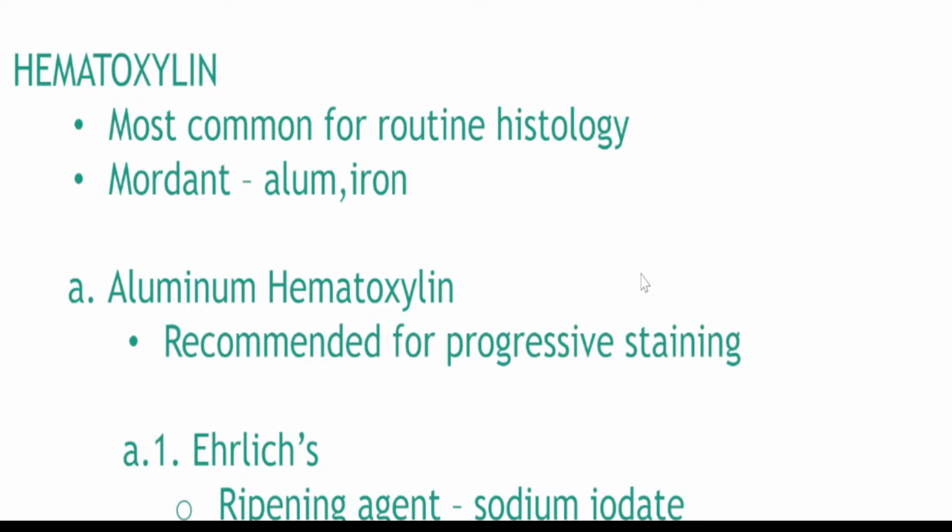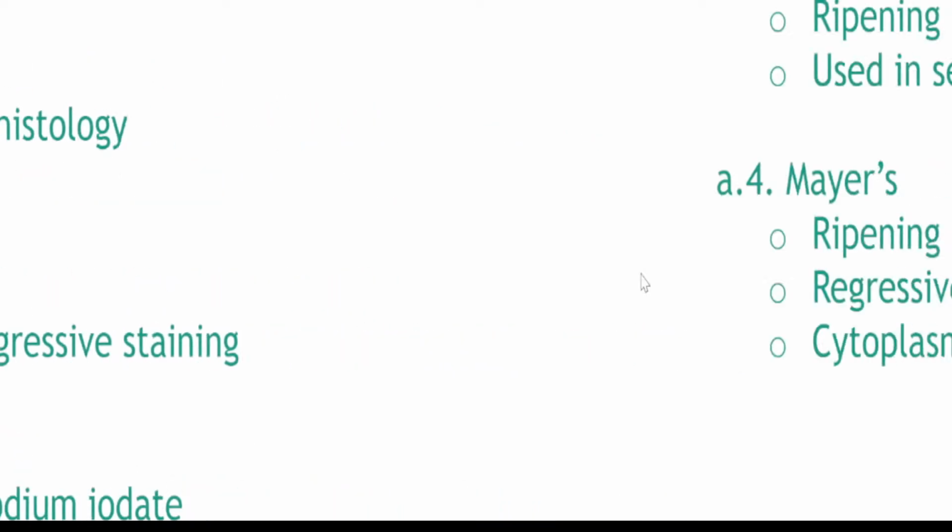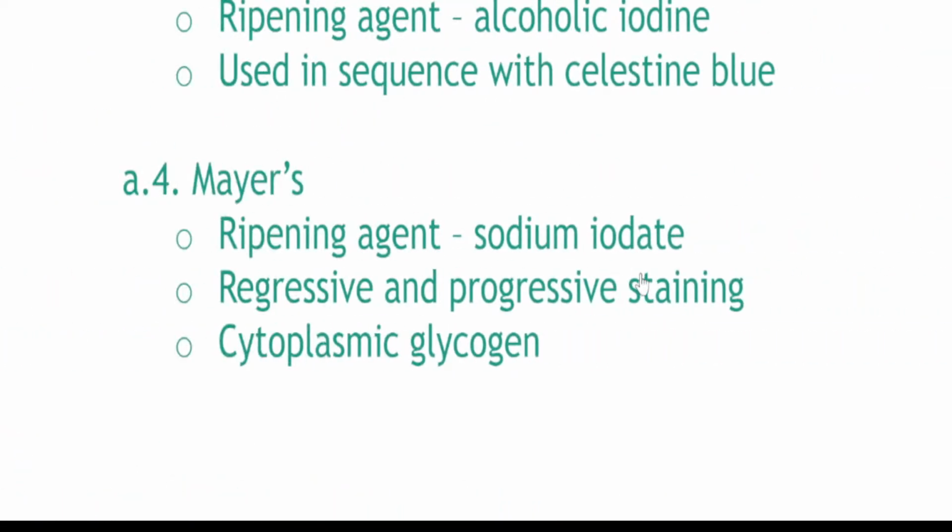Ehrlich hematoxylin uses sodium iodide as a ripening agent, and then you stabilize it with glycerin. There's also Cole's and Mayer's. I don't want you to focus on this one because it is not going to be asked, but for the purpose of helping you out, we still use iodine as a ripening agent.